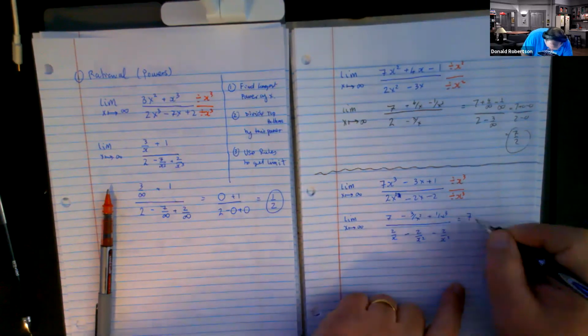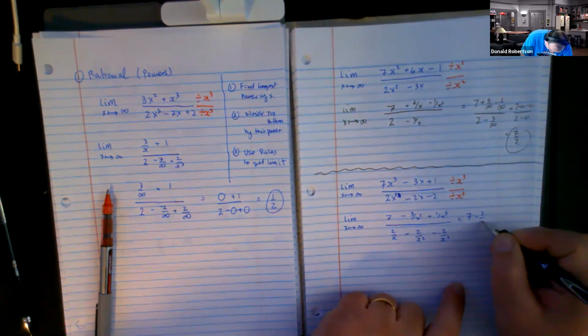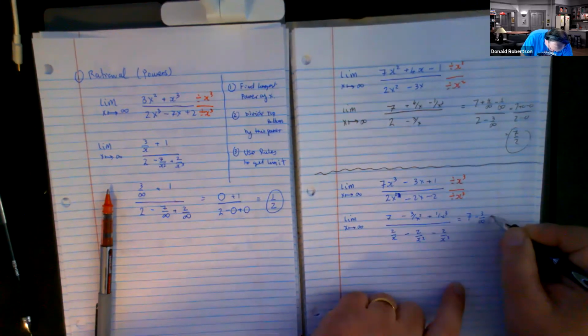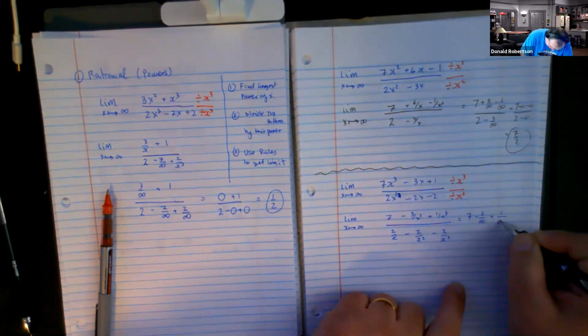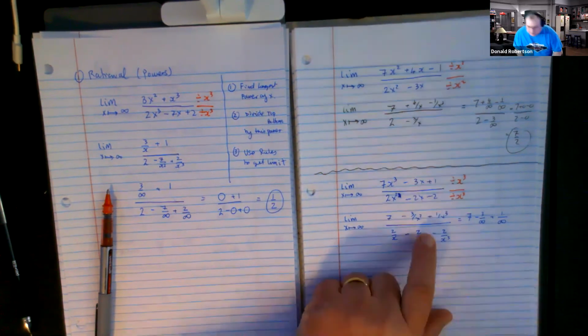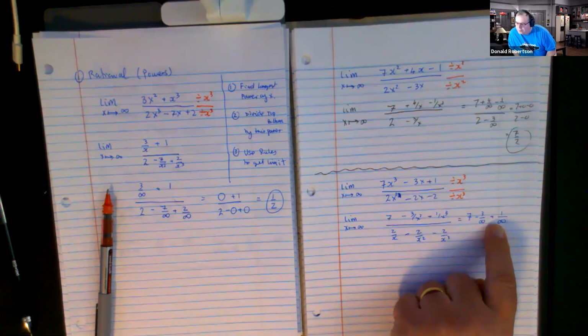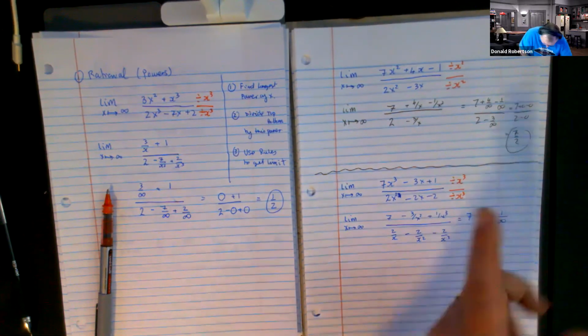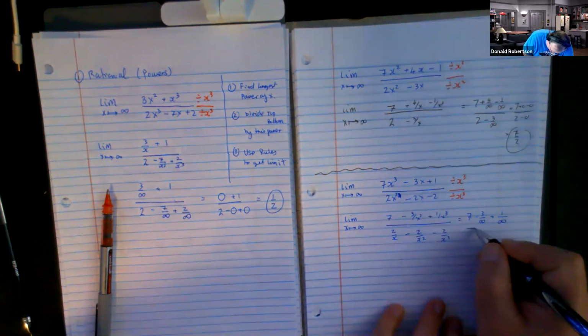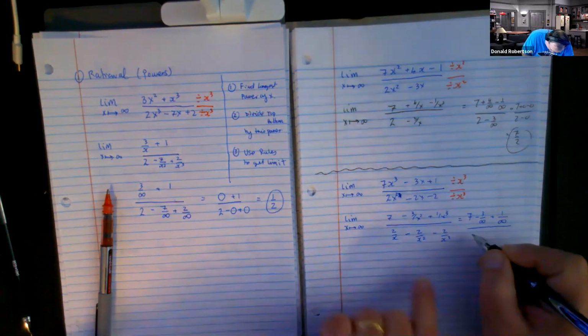I get a 7. I can live with that. I get a 3 over infinity. I get a 1 over infinity. Is it okay that infinity squared is infinity and infinity cubed is infinity? Are you all comfortable with that? I don't need to write down infinity squared because it's still infinite. Now 2 over infinity.